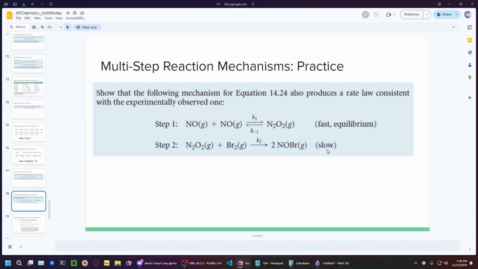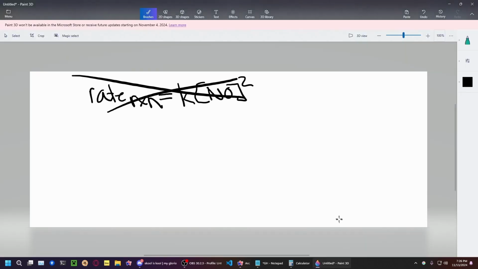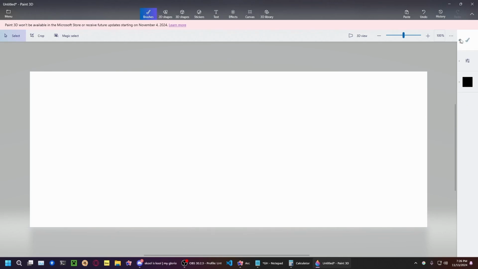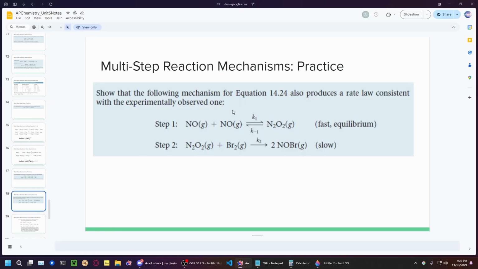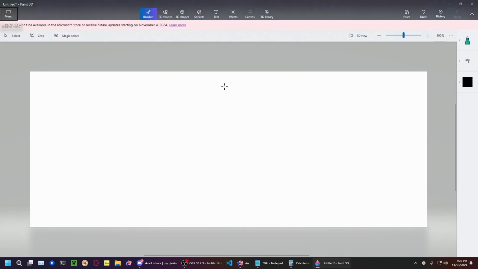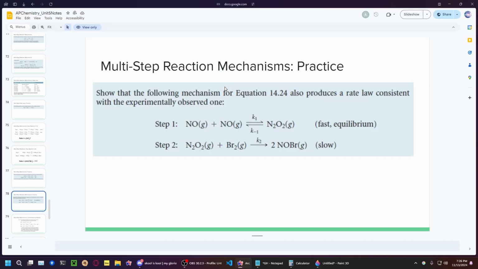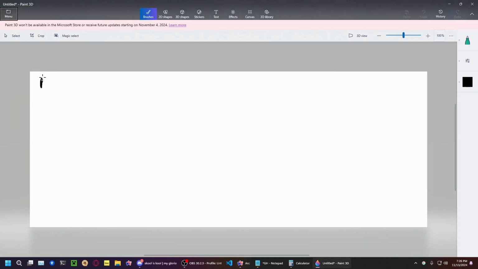But you know that this isn't the case because this one's the fast one. So if we go to the slow, we're gonna have to use K N2O2 Br2. We're gonna have to use our knowledge of what equilibrium is. So in this case, I'm always just gonna first copy my reactants and their corresponding coefficients as my rate of reaction. So the rate of my reaction is just the concentration of N2O2 times the concentration of Br2.